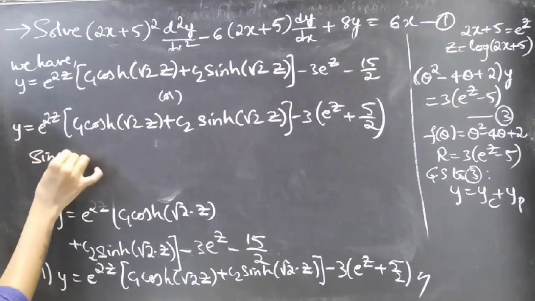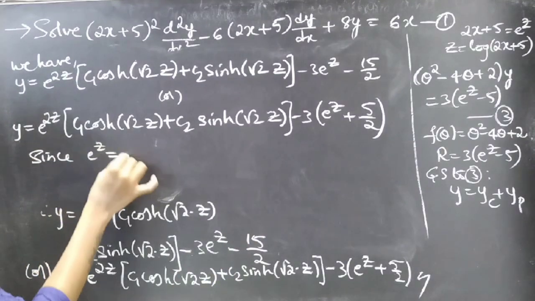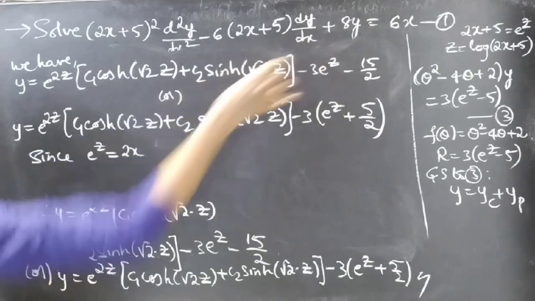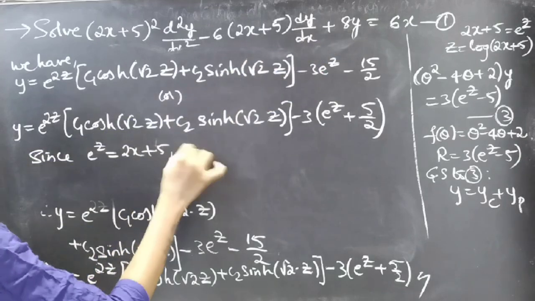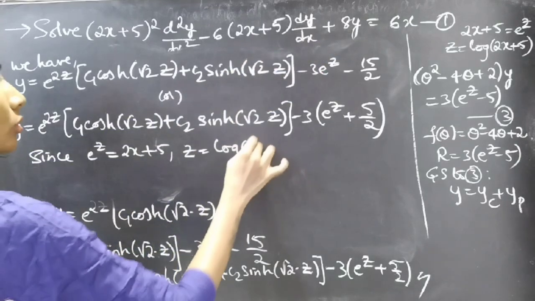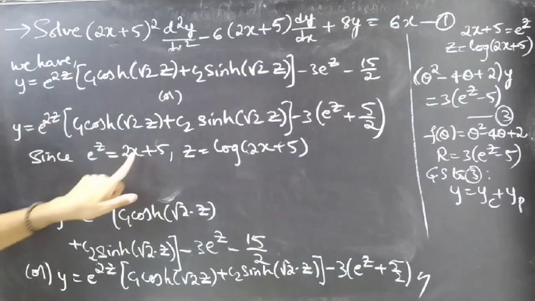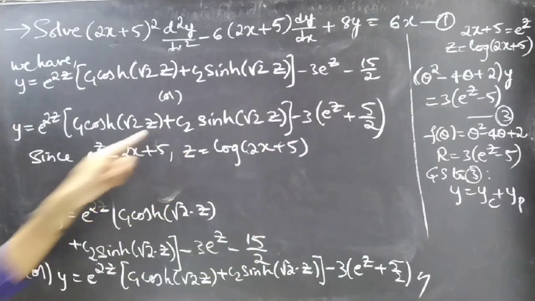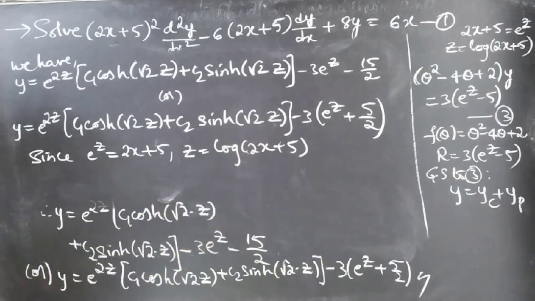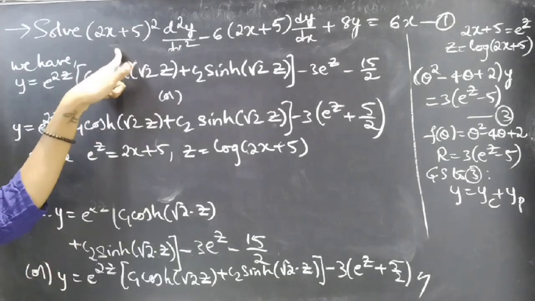Since e power z equals 2x plus 5 and z equals log of 2x plus 5, by replacing e power z by 2x plus 5 and z by log of 2x plus 5, we'll get the solution in terms of x, which is the required solution to the given differential equation.